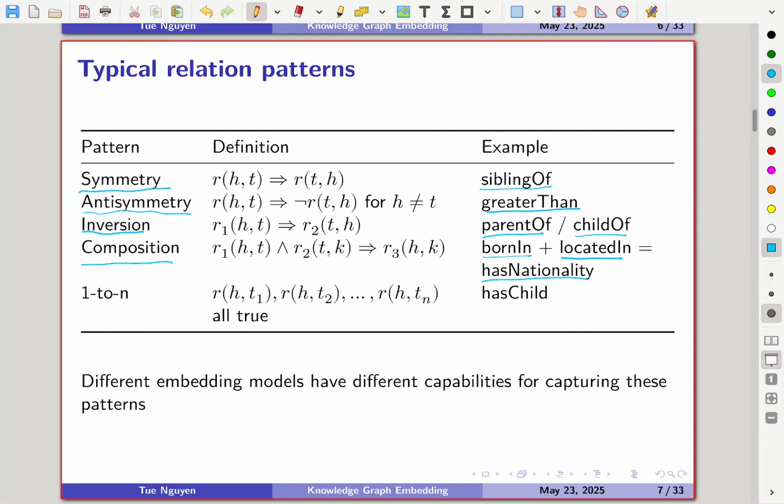So if A was born in B and B is located in C, I can imply that A has a nationality of C. And the last one is a one-to-N relation. For example, has child. So head can have multiple children. So it ensures that the relation between head and tail 1, tail 2, tail 3, up to tail n should be all true.